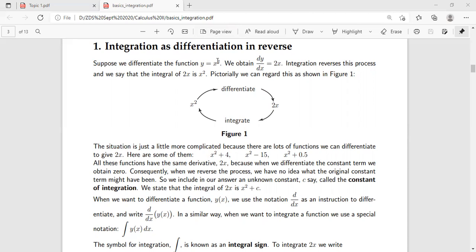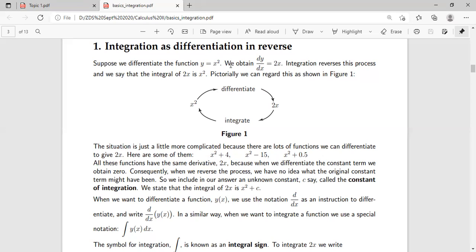So our dy over dx becomes, we drop the power and multiply by the constant. Our constant in this case is 1. So 2 multiplied by 1x, then our power, we subtract 1. So that is differentiation. We times by the power, then deduct 1 from the power.